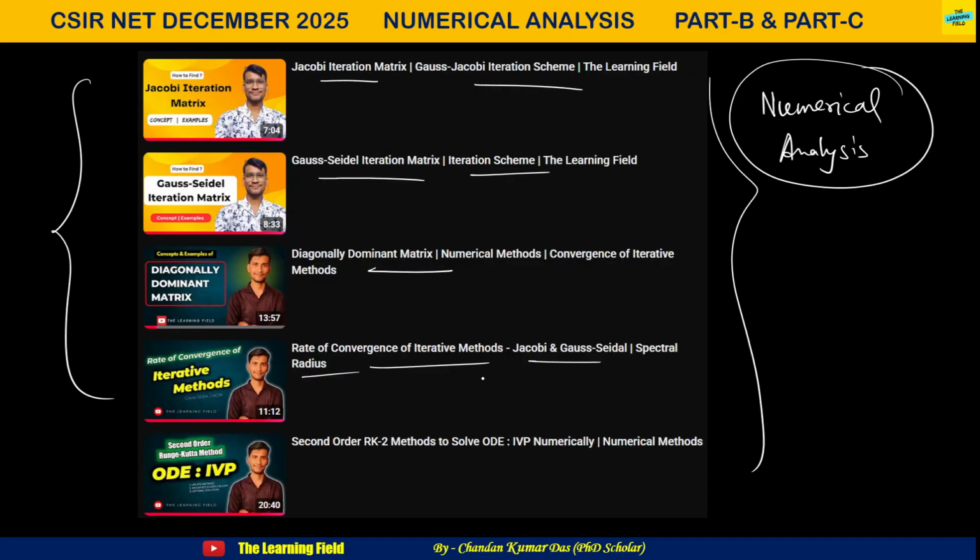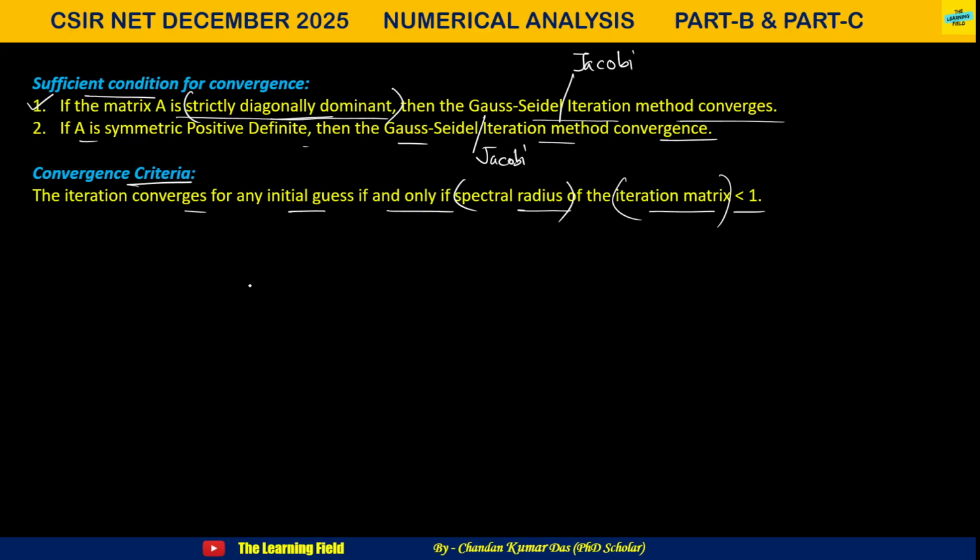Now to solve this question, I will give you a reminder of what these terms are. First, here the system is like an Ax equal to B system. Now what is the iteration scheme? The iteration scheme is x to the power k plus 1 equal to H x to the power k plus C, where this H is called the iteration matrix.